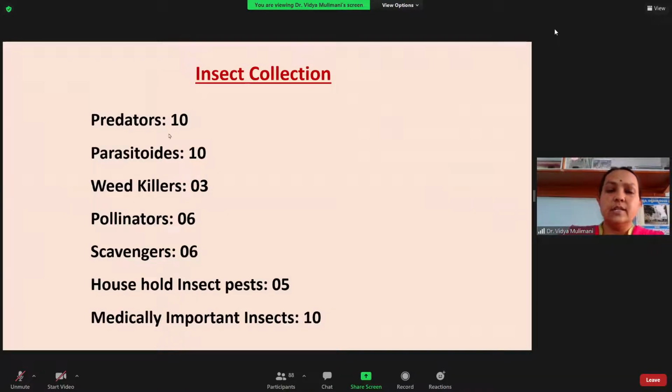Here I have given the numbers, what it should be. So to collect 10%, okay.